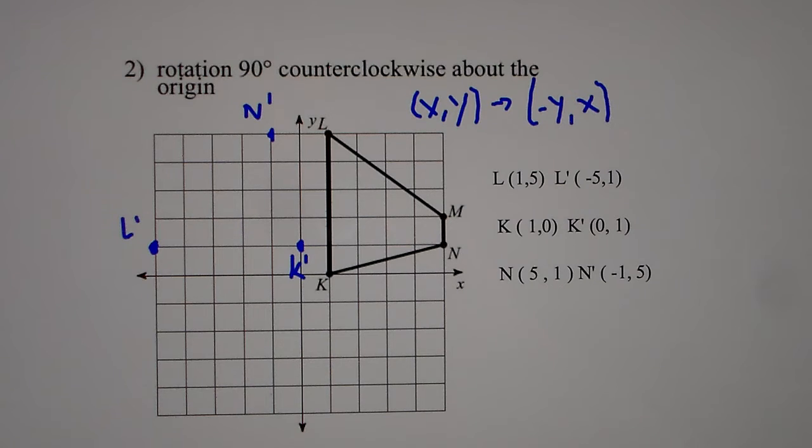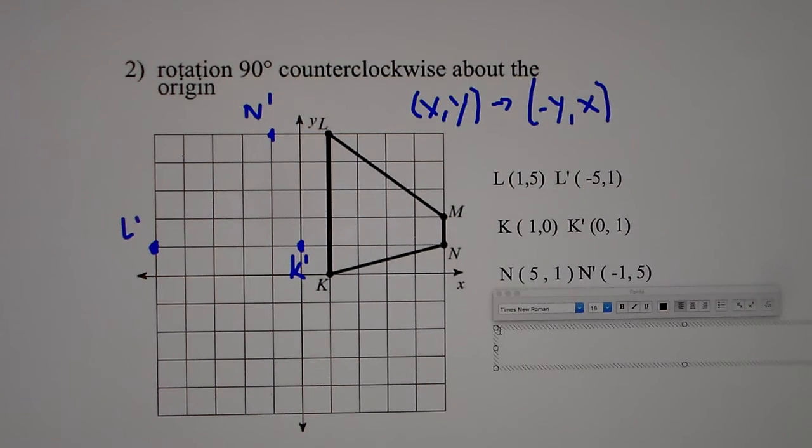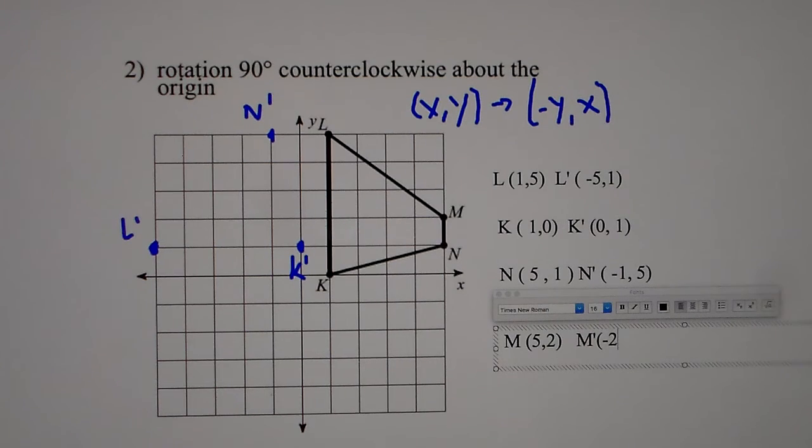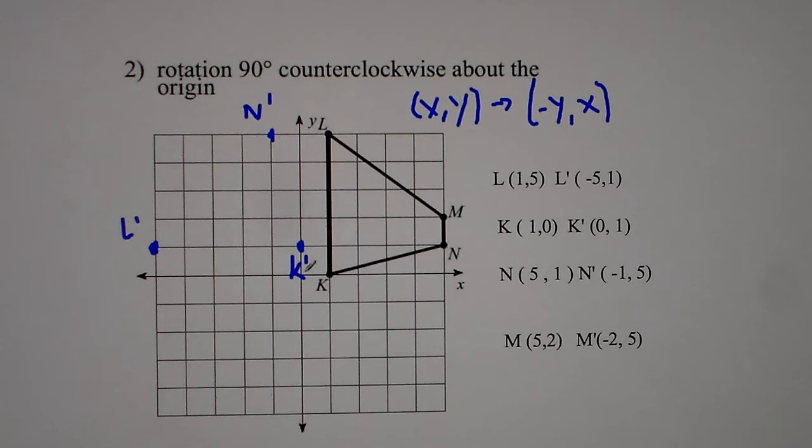Last but not least, our M. M is 5 to the right, 2 up, so that's (5, 2). So M prime is gonna be (negative 2, 5). 2 to the left, 5 up. That's our M prime. Connect them up. There's our picture.